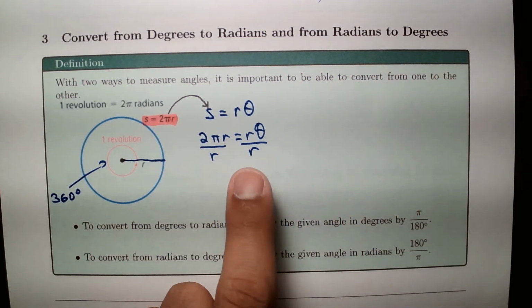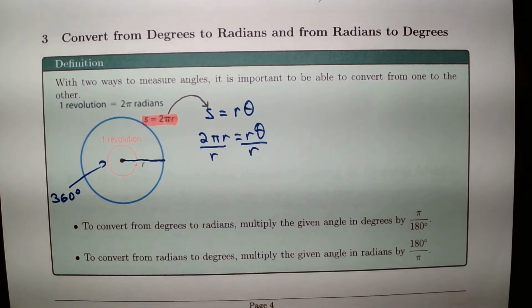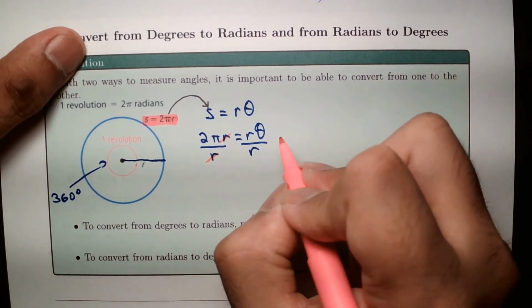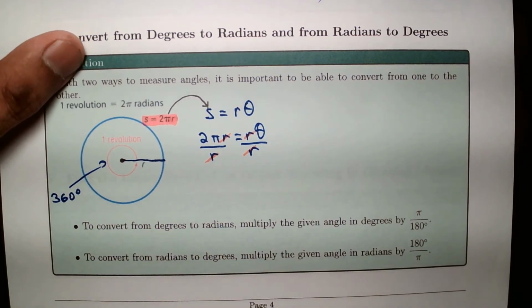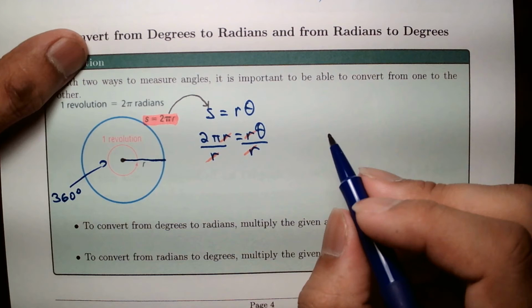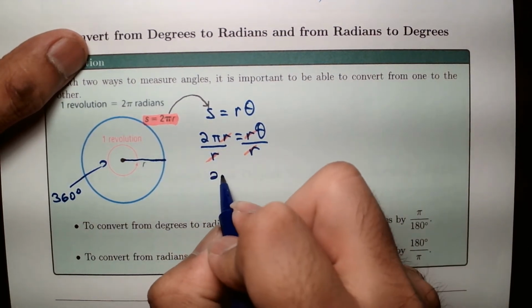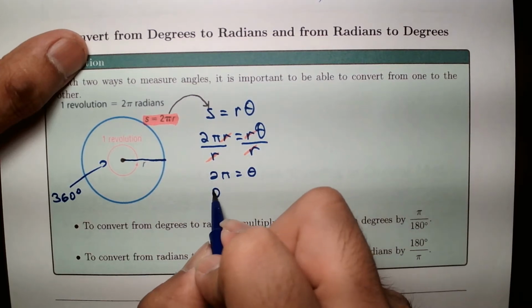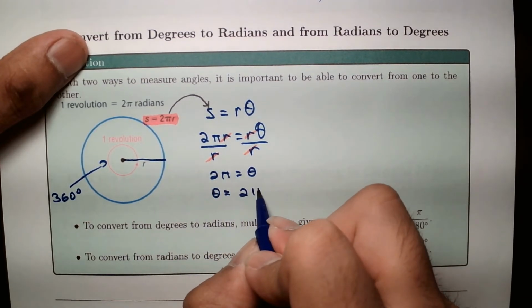Then we would potentially be dividing by 0. But in this case, we can safely divide by r, because the radius is never 0 for a circle. Okay. So what do we get? That 2 pi equals theta, or theta equals 2 pi.